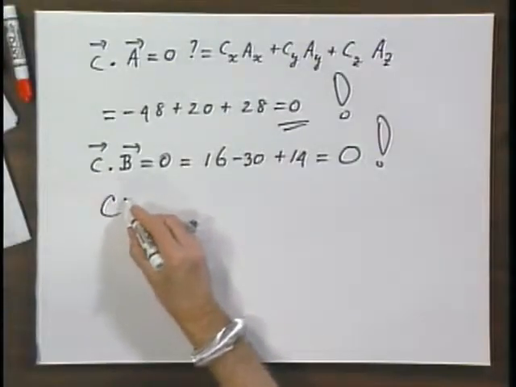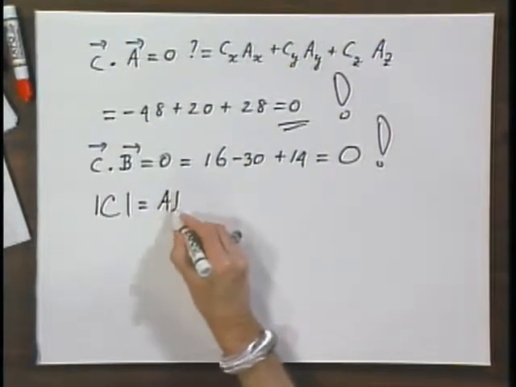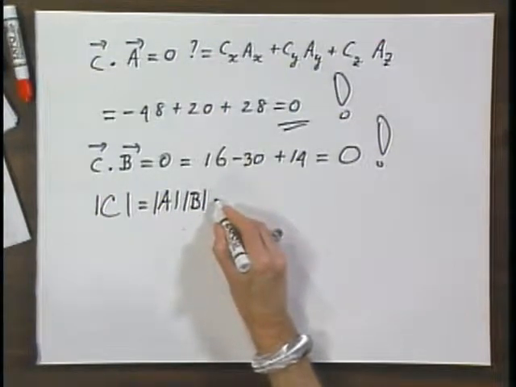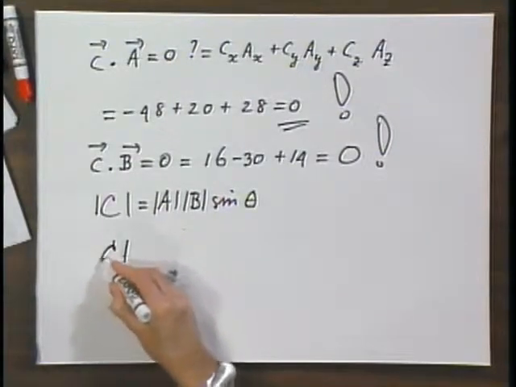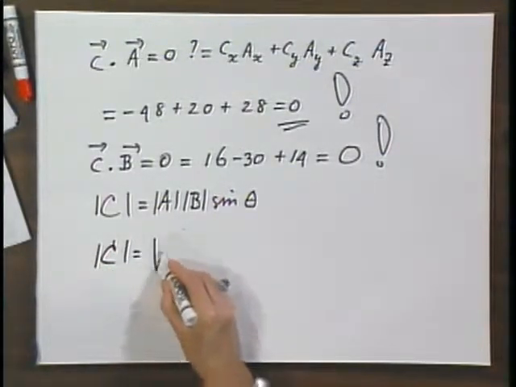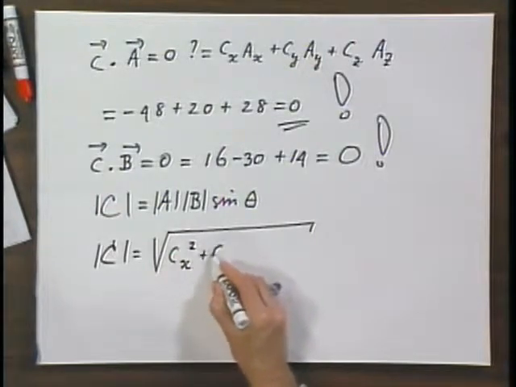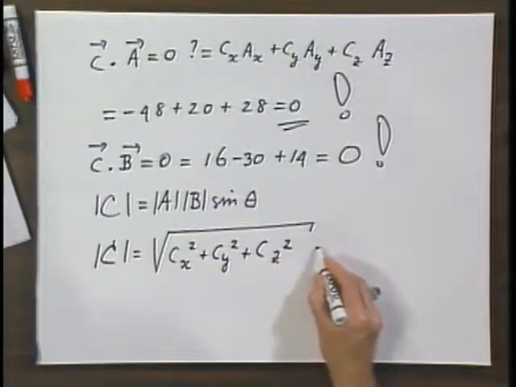Now comes the question, is the magnitude the right magnitude? Is the magnitude of C the magnitude of A times the magnitude of B times the sine of theta? We know, of course, that the magnitude of C must be the square root of C of x squared plus C of y squared plus C of z squared.